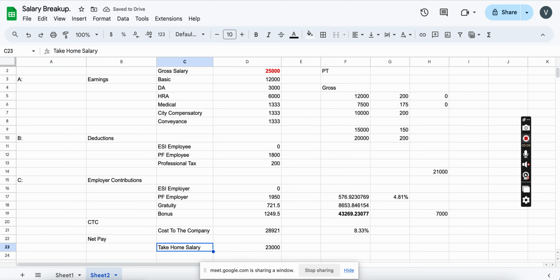So 23,000 is what the employee will get as take home salary. 28,920 will be the employee's cost to the company, CTC, and these are the breakup.